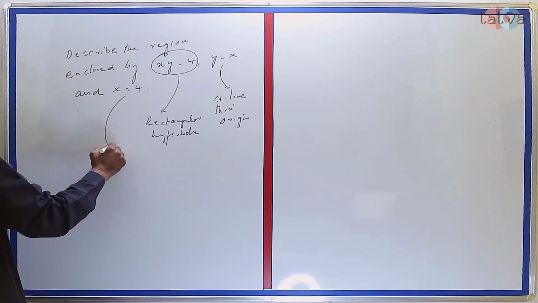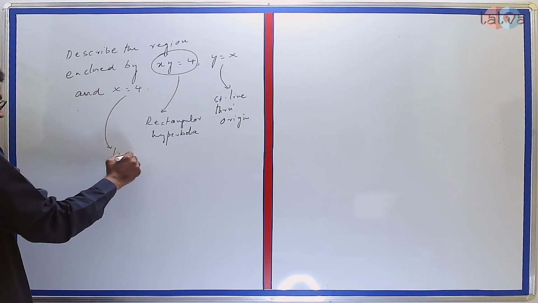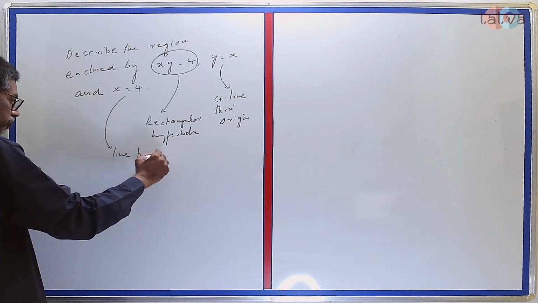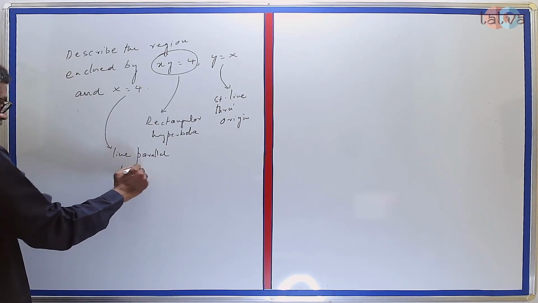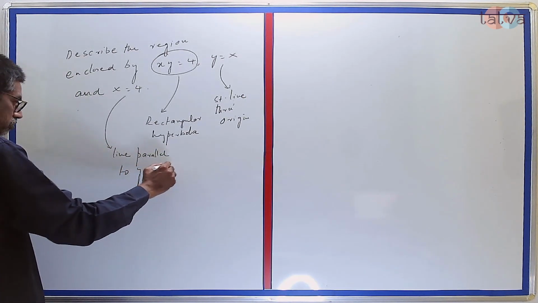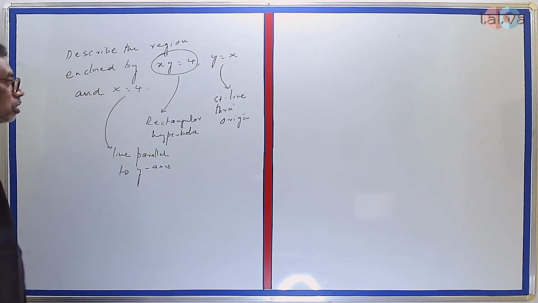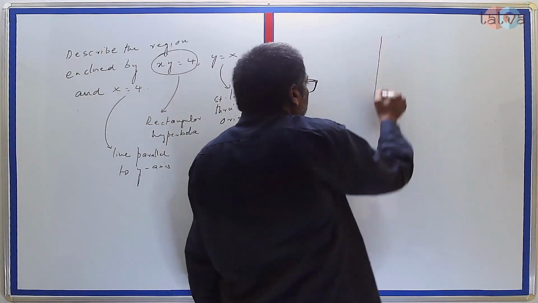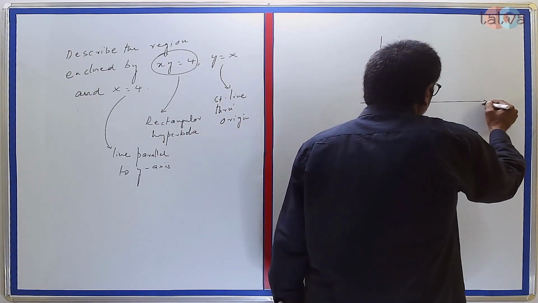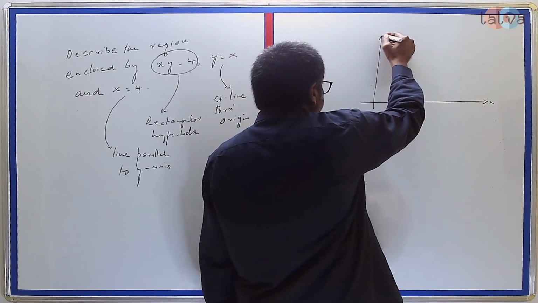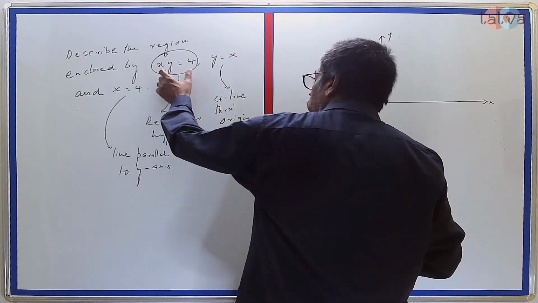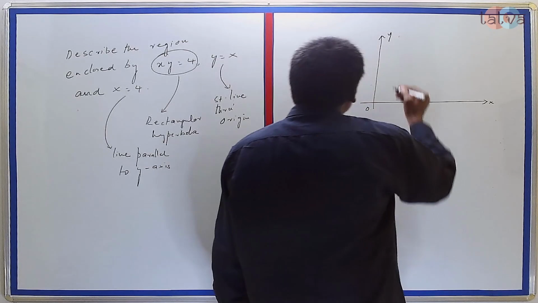x is equal to constant is a line parallel to y-axis. So let's put it on graph. xy is equal to 4 will have two branches.